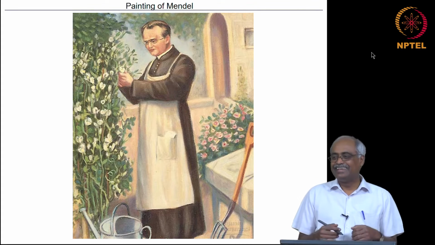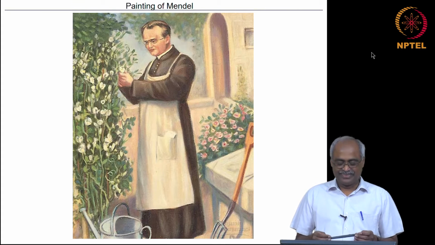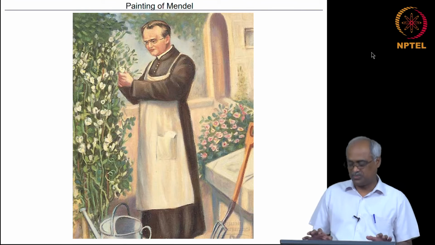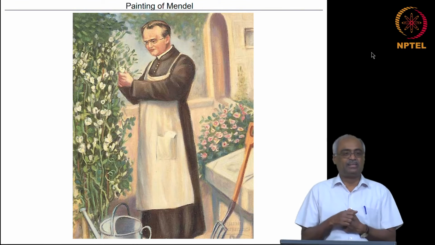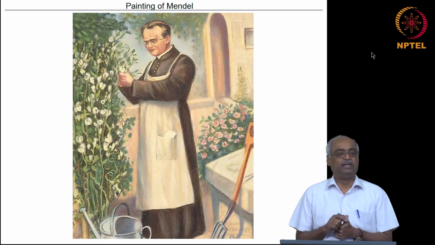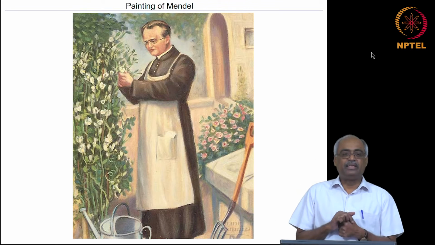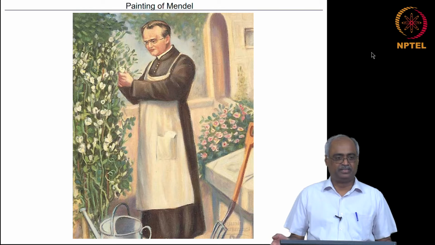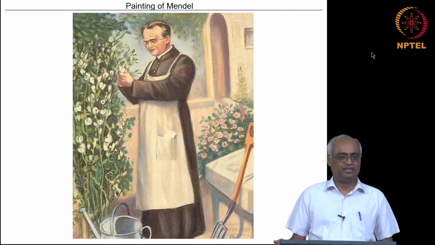So let us now move on to his experiments. Before moving on to his experiments, I would like to tell the historical context in which his experiments were done. The historical context at that time was that people knew genetic information is transmitted from one generation to another generation. Okay, if genetic information itself is a little technical jargon, let us say biological information.